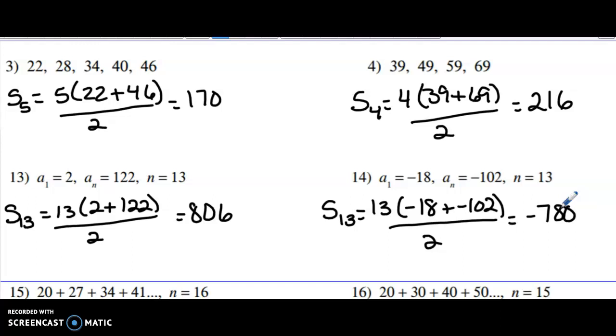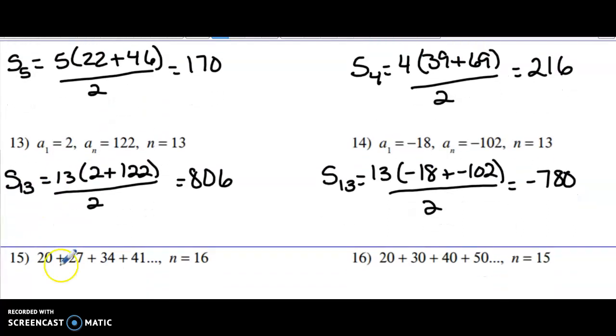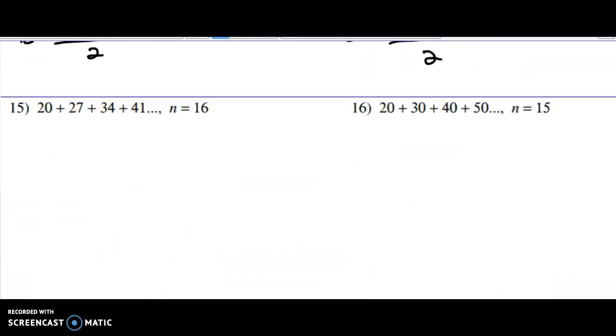For number 15, I don't have as much information, but I can find it. What am I doing to each one to get the next term? I'm adding 7. So my common difference, d, is equal to 7. I know that this is my a sub 1, so I need to find a sub 16.